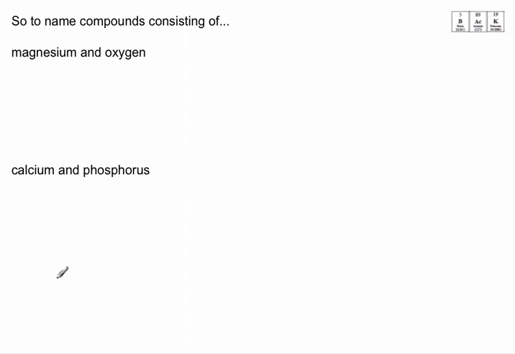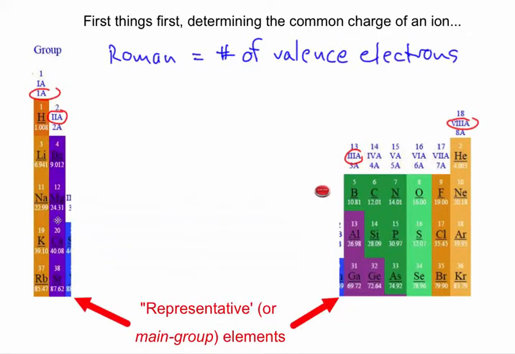Let's just look at a couple more examples. So magnesium and oxygen. Again, we need to go to the periodic table to quickly determine charge. Here's magnesium in group 2. It will form a 2+ cation. Here's oxygen in group 6. It's going to form a 2- anion.